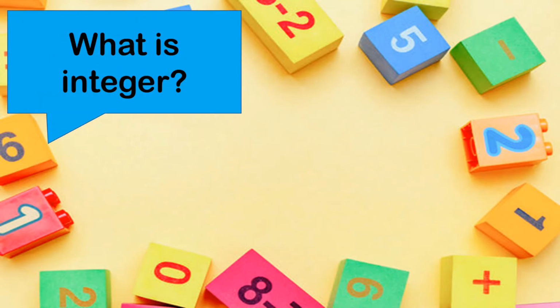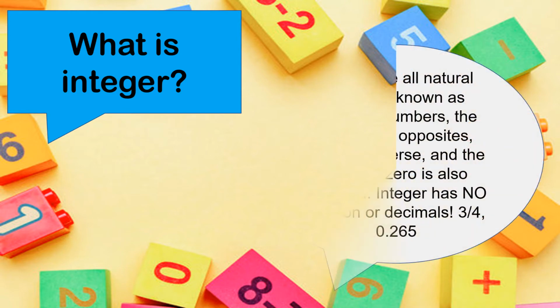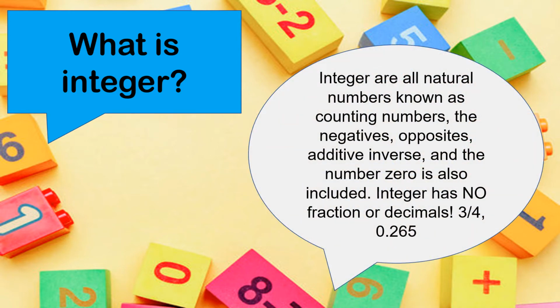So what is an integer? Integers are all natural numbers, known as counting numbers. The negatives, opposites, additive inverse, and the number 0 are also included. Integers have no fractions or decimals.